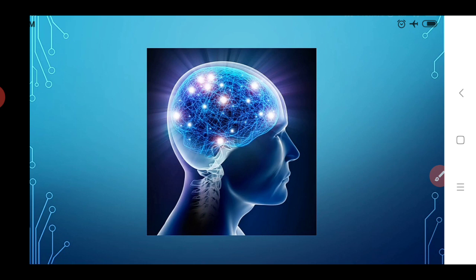Due to this small amount of current flowing to the brain, we get a sensation of each and every activity or object. For example, when we touch hot objects or hot utensils on the gas, a small amount of current flows through our body towards the brain, and that is the sensation. This sensation is passed from our skin to our brain due to this flow of a small amount of current.